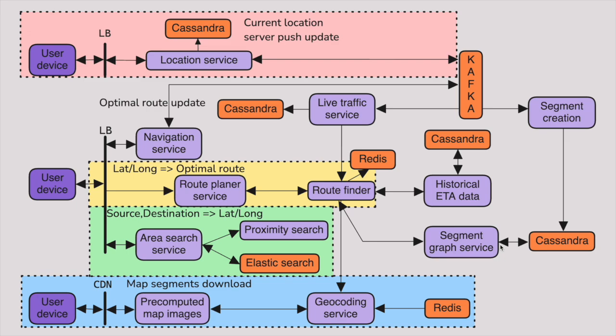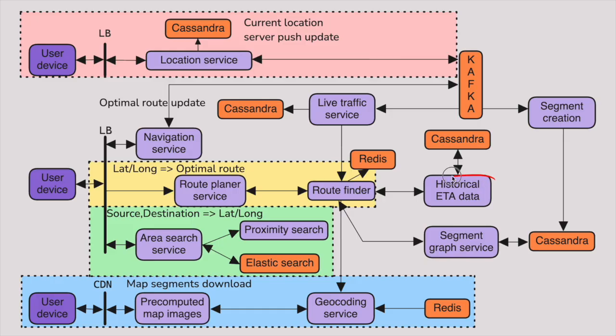If we look at our historical ETA data service, this is pretty much a very similar idea, that we can use a key-value data store where the key would be a source and destination and the value could be a single or multiple routes for the specific direction.